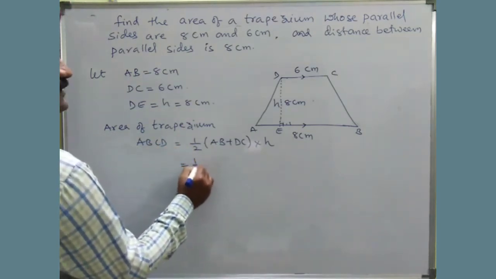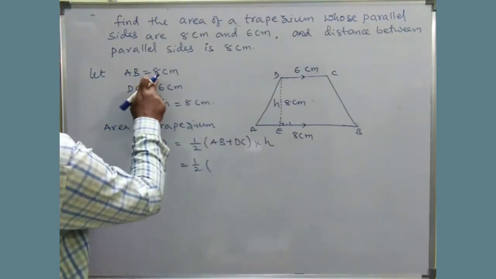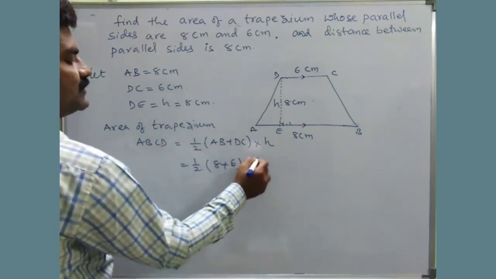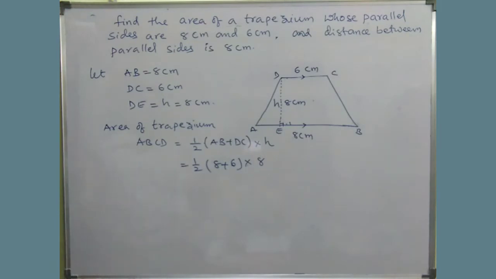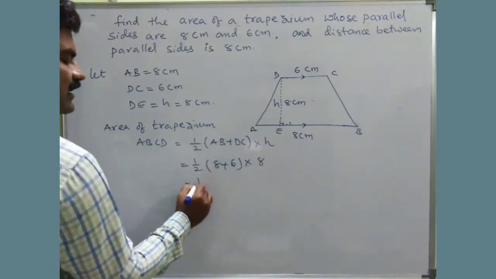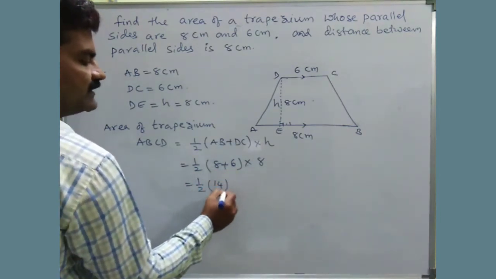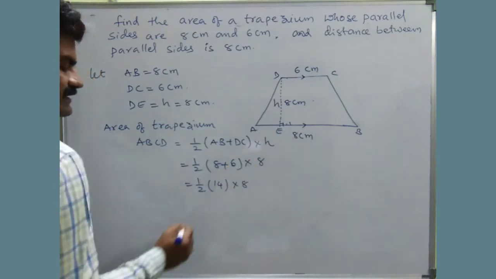Let us substitute these values now. AB plus DC, 8 plus 6 into height again 8. Okay, so which is half into 8 plus 6, 14 into 8.